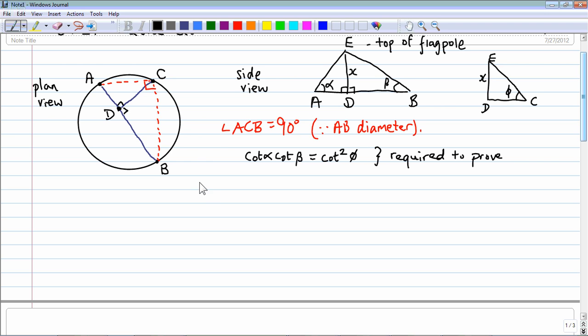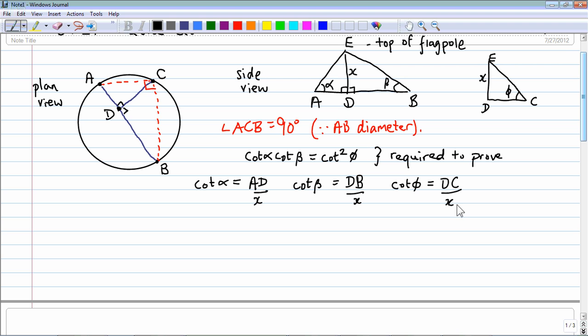Well, tan alpha is x over AD. So cot alpha is AD over x. Cot beta, by the same token, is DB over x. And cot phi is DC over x.